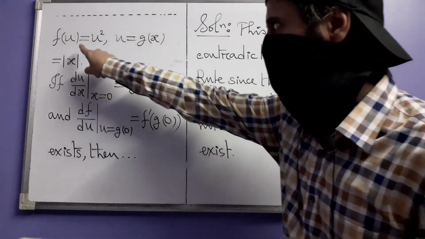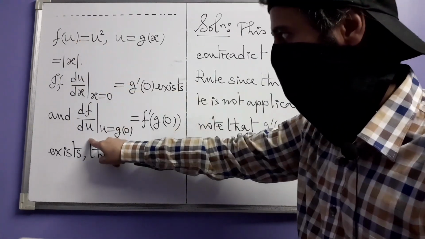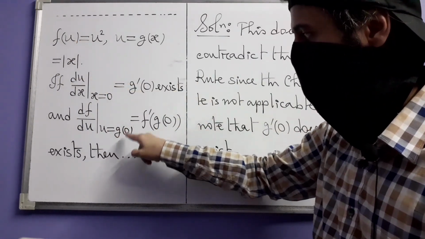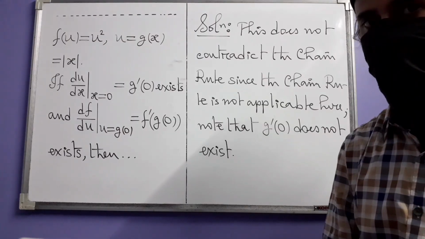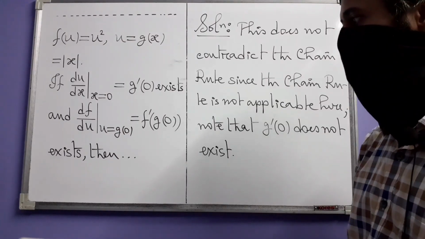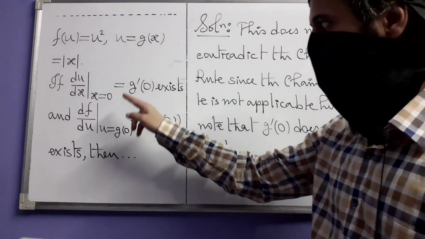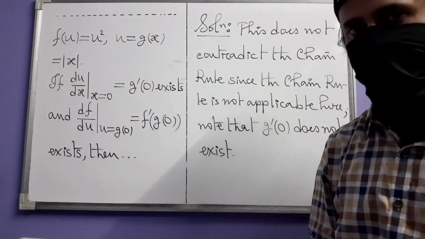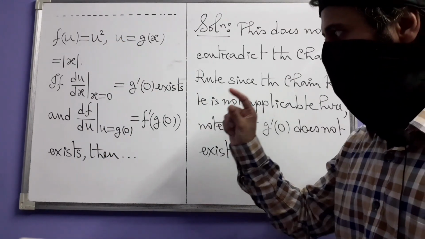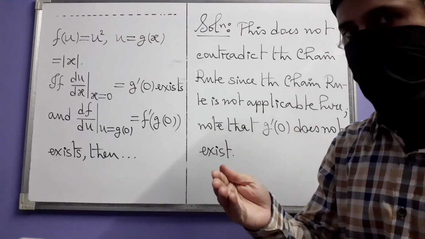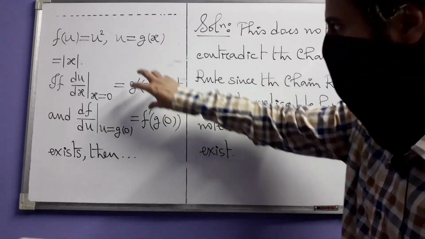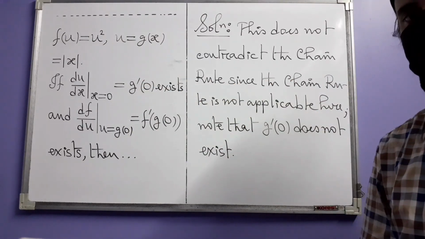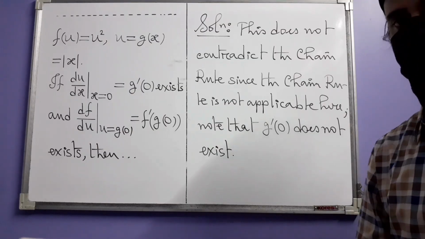And if the derivative of f with respect to u at g of 0 also exists, then the derivative of f with respect to x exists, and at x equal to 0 its value is equal to the product of these two derivatives. That is the chain rule.